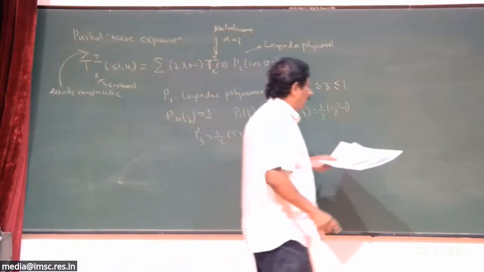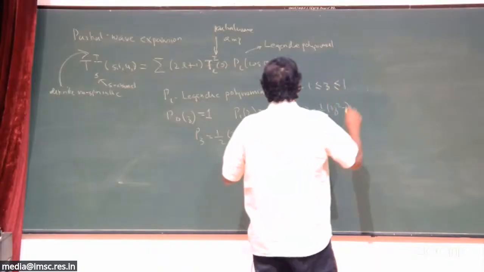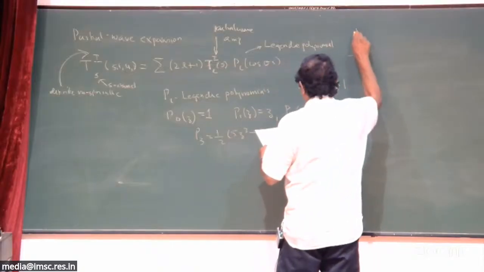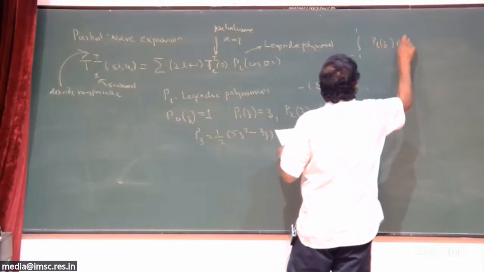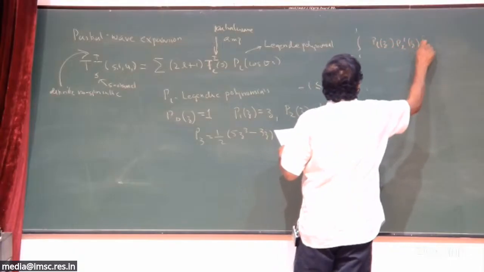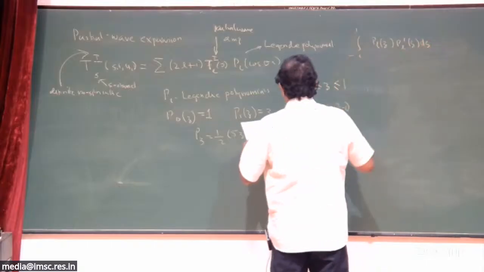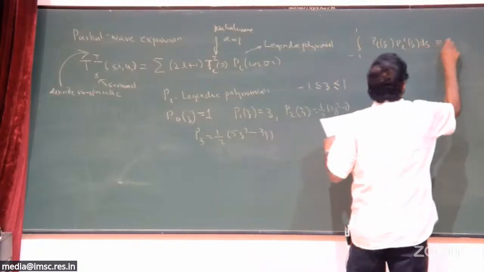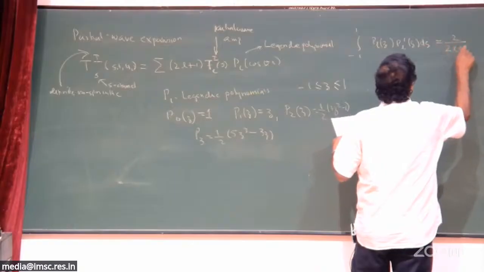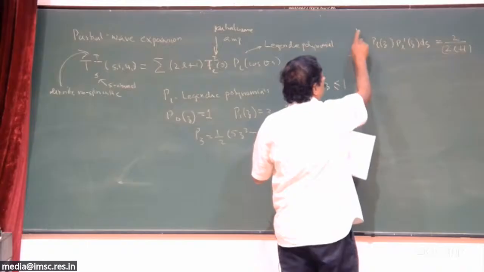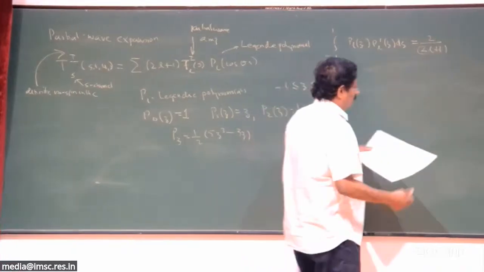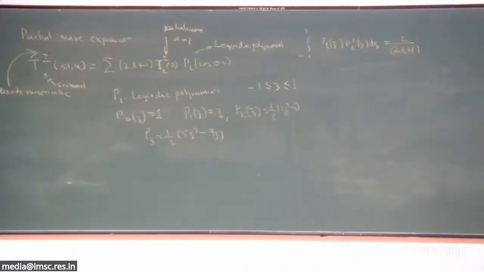And we also have the very important orthogonality property: the integral from minus 1 to 1 of P_L of Z, P_L prime of Z, dz is equal to 2 by 2L plus 1. Sometimes we only take the integral between 0 and 1. Even then, this thing will have to work, but this is the standard normalization.